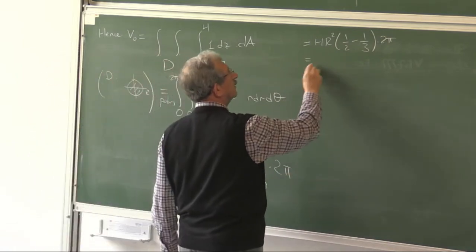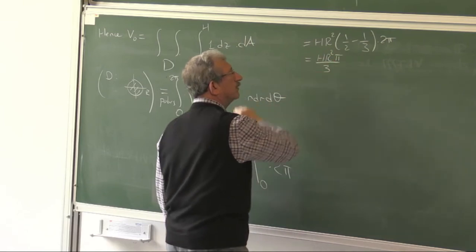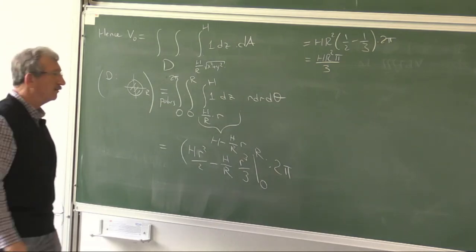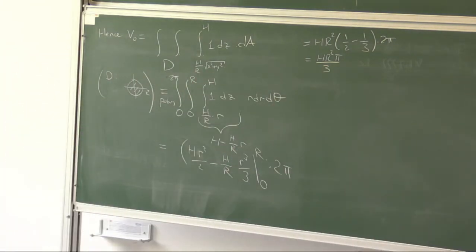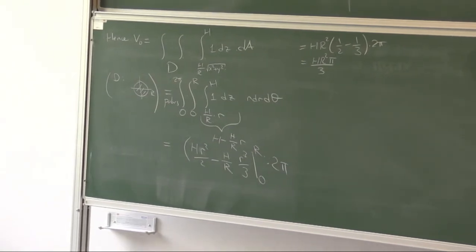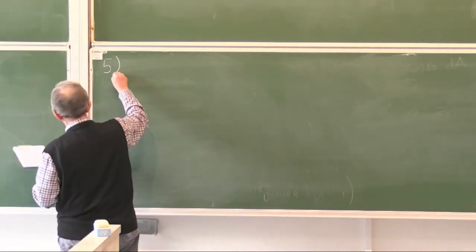So that would be h r squared pi over 3, as expected. It's the volume of a cone. Of course, we have many ways of calculating this, but this is just one of them. Let's continue with the following example now.